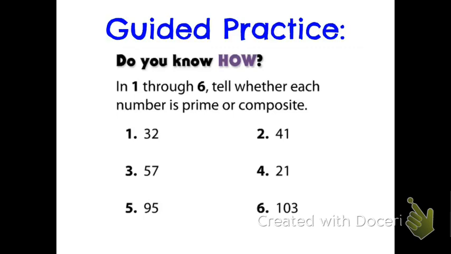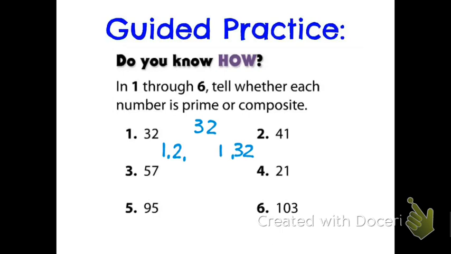This is going to be one of those times where you're really going to need to be working on your multiplication facts. So you automatically look at a number and remember, are there any other numbers other than 1 and that number that can multiply together to get that number? So looking at 32, well, I notice it's even, but if I needed to list out all my factors, I could. I could take the number 32, and list my factors, 1 and 32, 2 times, I might have to actually divide that out to figure out exactly how much that would be.